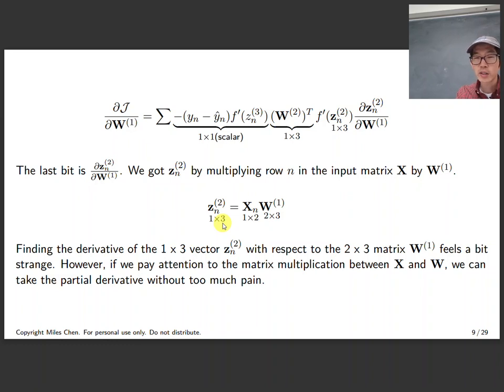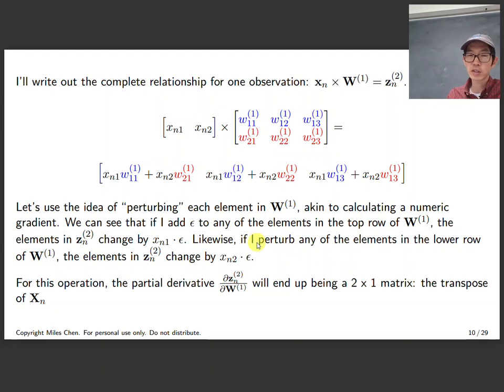And again, it does feel weird trying to calculate how a 1 by 3 vector changes with respect to a 2 by 3 matrix. Looking at each of these things, the partial derivative ends up being a 2 by 1 matrix. It ends up being the transpose of the nth row in x.